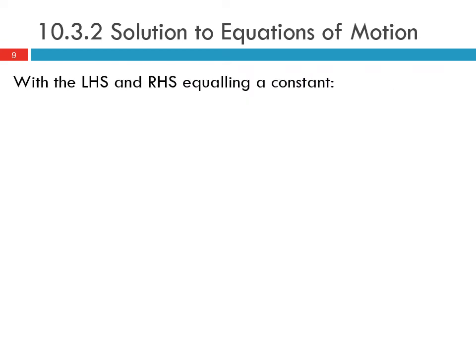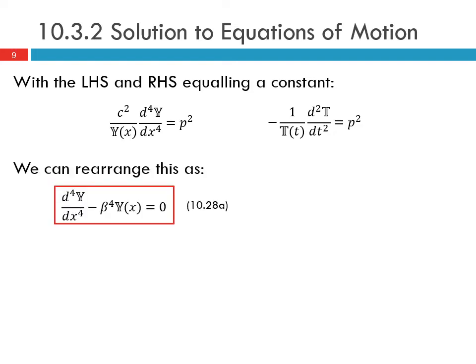So with the left-hand side and right-hand side both equaling a constant, now we have c squared over y of x times the fourth derivative of y with respect to x is equal to p squared, and negative 1 over t times the second derivative of t with respect to time is equal to p squared. And we can rearrange this left-hand equation in terms of x as d4y by dx to the fourth minus beta to the fourth y of x is equal to 0.